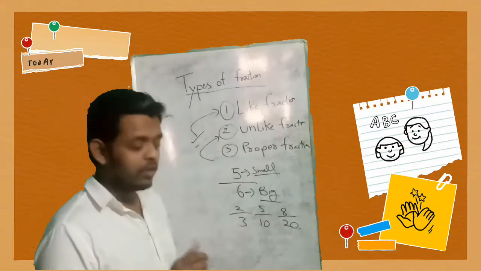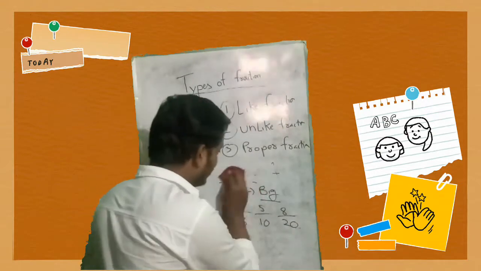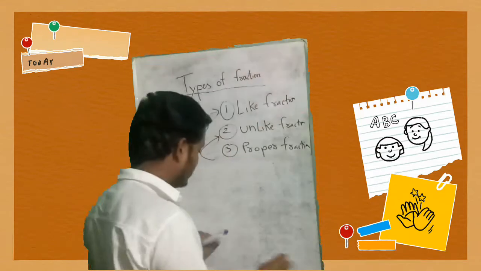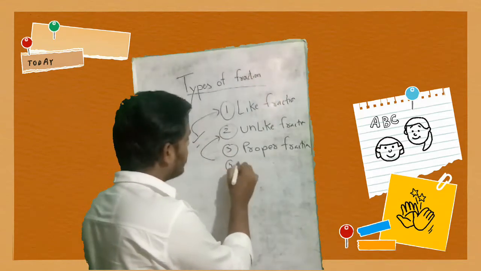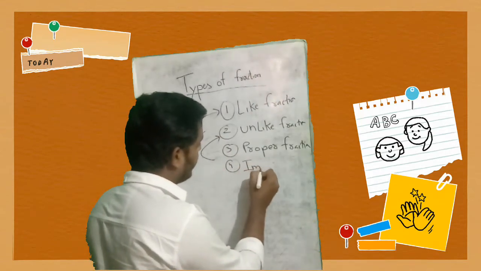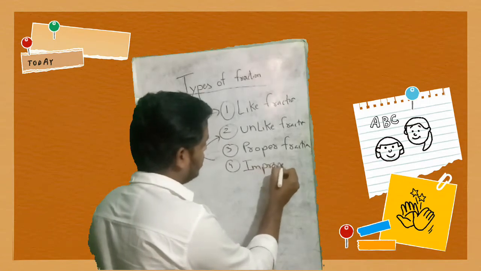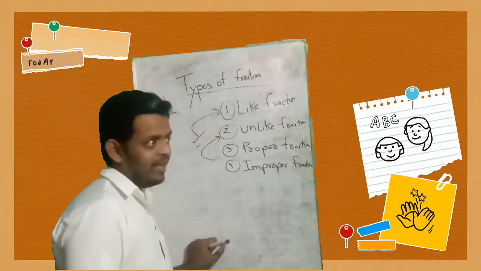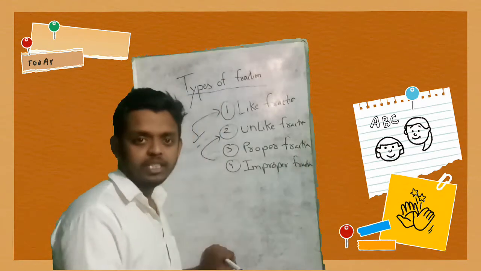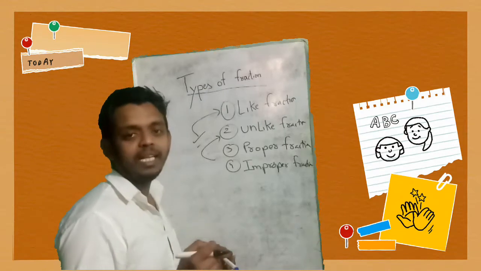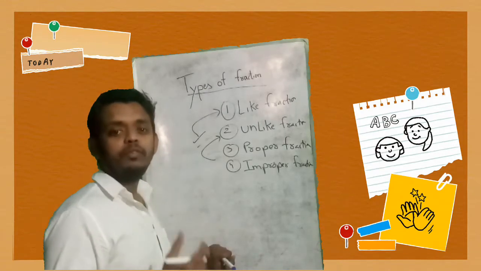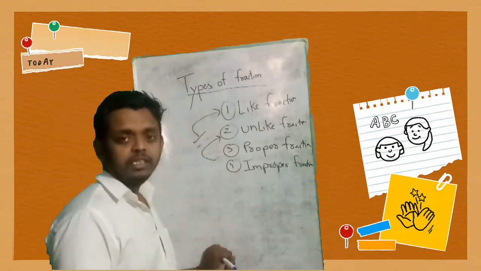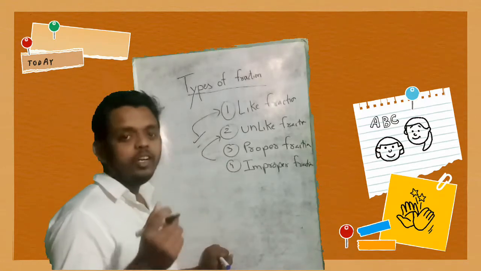Now, coming to the fourth category, improper fraction. Now, what is an improper fraction? As we know what a proper fraction is, it's very simple and easy to understand what an improper fraction is. As I said, in a proper fraction we have a small numerator and a big denominator.